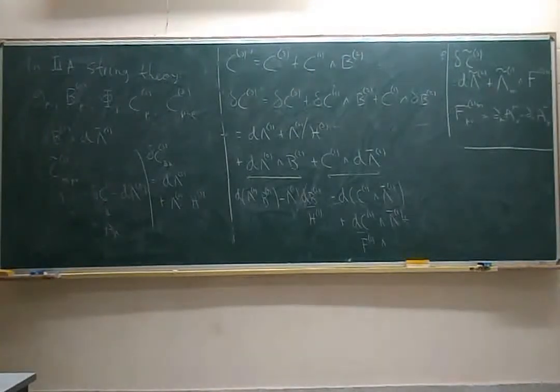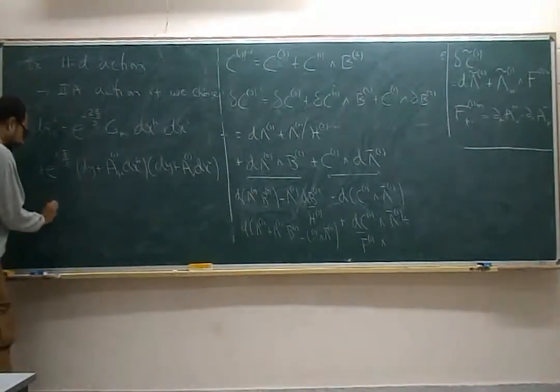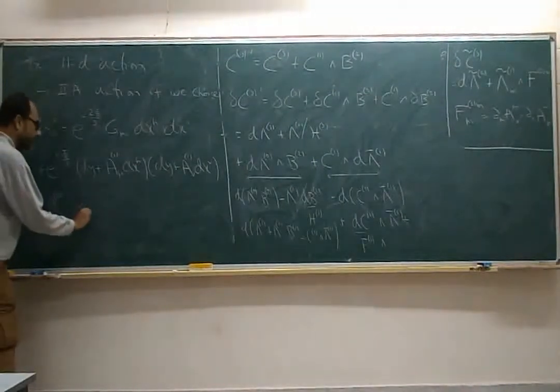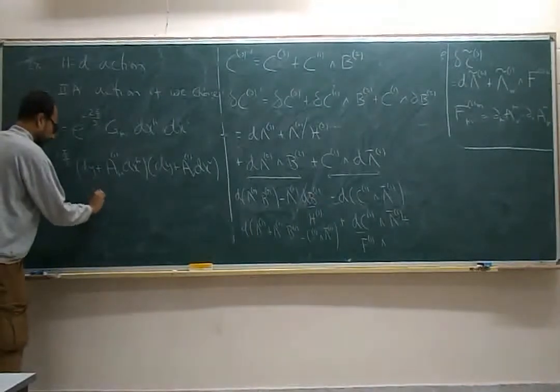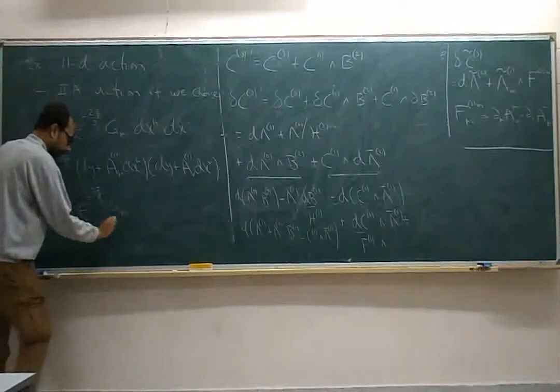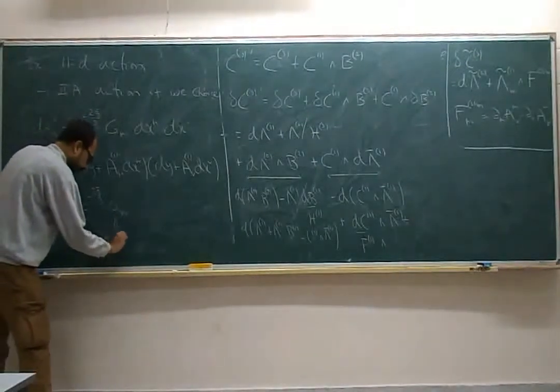Here, for example, every type 2A string metric. So what this is saying is that the 11 dimensional metric, let me call it G11 mu nu, is e to the power minus 2 phi by 3 G mu nu. So this is the type 2A string metric.